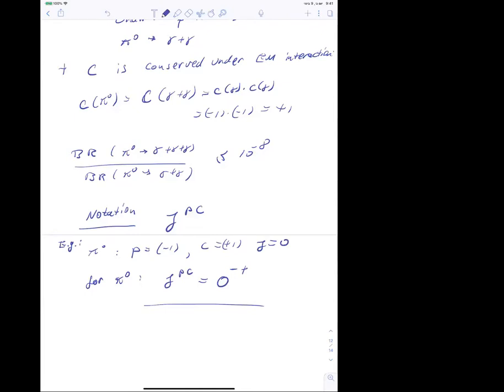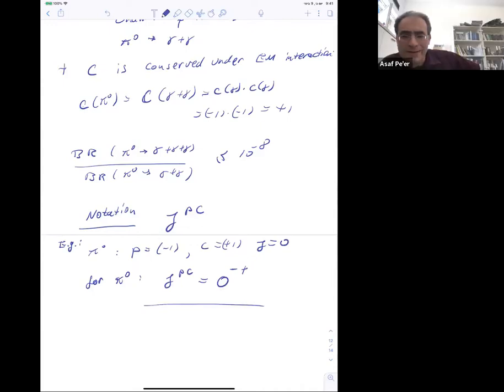Well, what about weak interactions? Exactly, that is the exception. It can happen via the weak interactions, but then again, the probability for that is much weaker because of the difference in the masses.